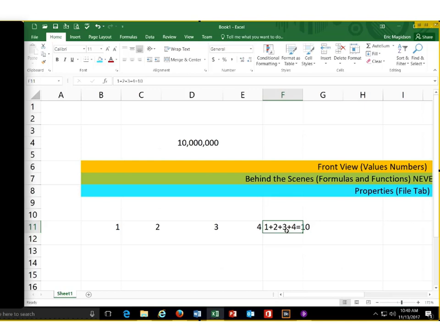Okay? So in Excel, anytime we want to do a calculation, whether it be a function or a formula, we start with the what? The equal sign. Now, we can do it this way. Equals 1 plus 2 plus 3 plus 4. And if we do that and hit the enter key, we get a value. Now, red tends to indicate what?